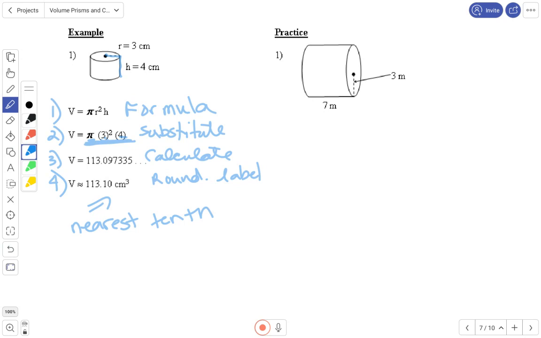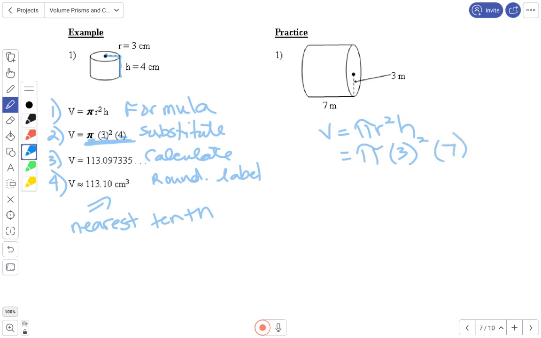Now, let's do the next example, but let's leave it in terms of pi. So I am going to write my formula. I'm going to substitute in what I know, but I'm going to leave pi written as pi. My radius is 3 again, and my height is 7.